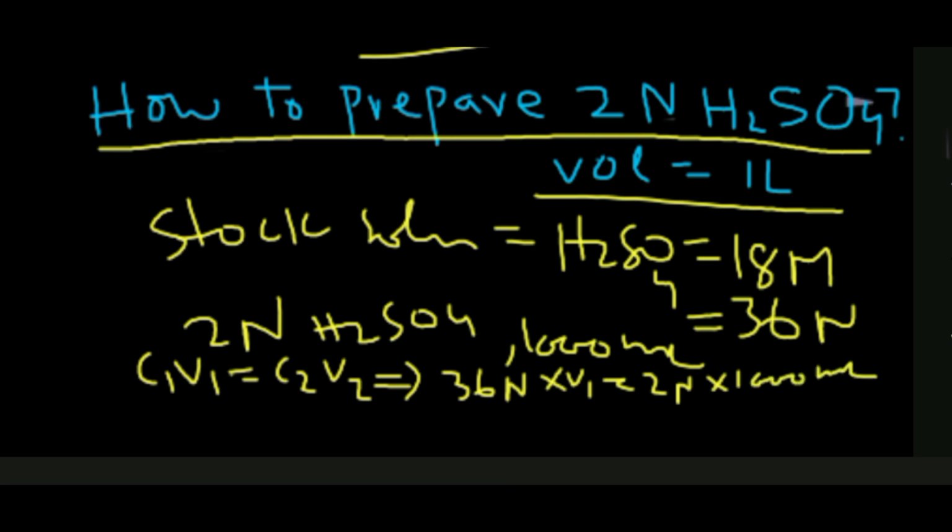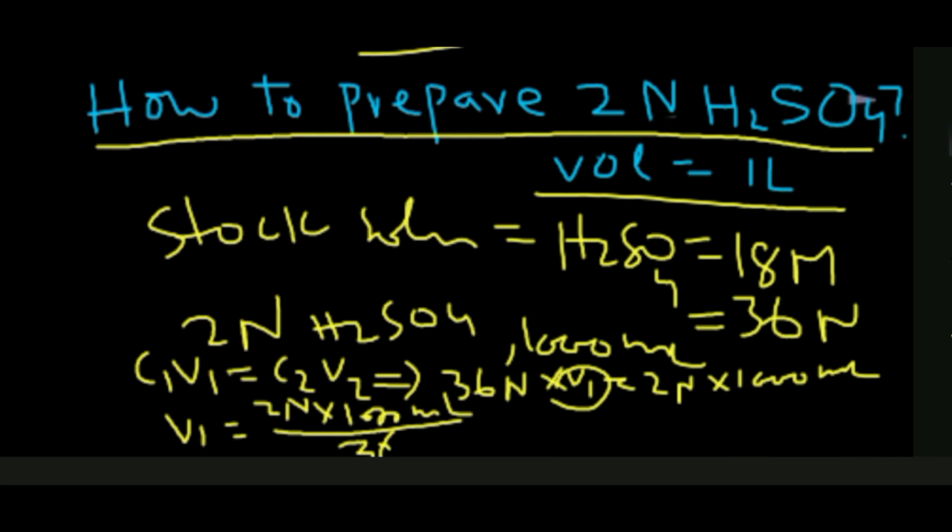So now the V1 volume required for preparation of 2 normal solution will be equal to 2 normal multiplied by 1000 ml divided by 36.